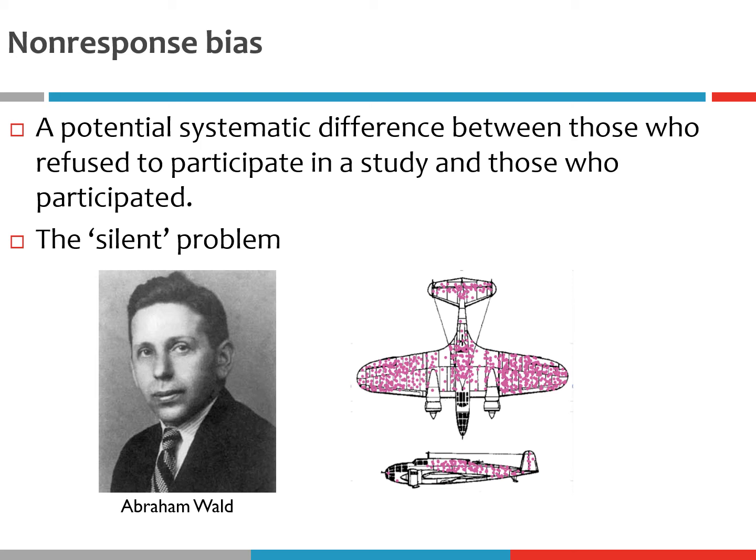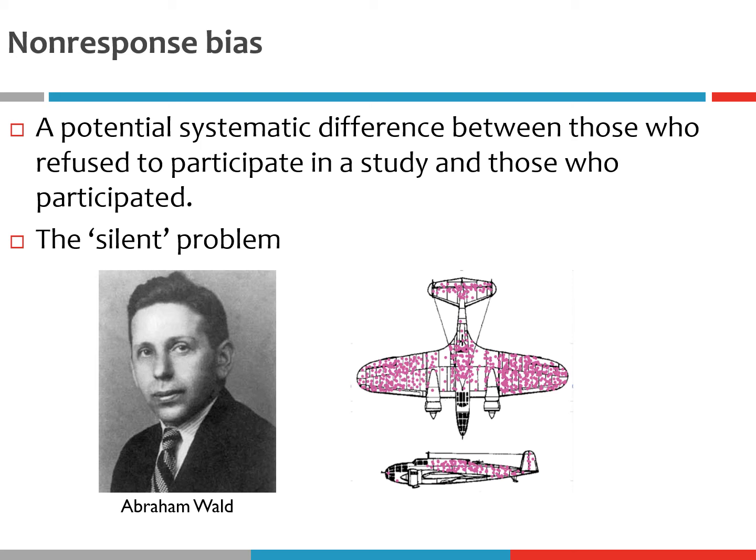So therefore, the places that would cause damage but not enough for the plane to go down were those that didn't need reinforcement, okay? But the most reinforcement should be put in places where that plane did not receive damage, because those were the most important areas for the survivability of the plane, right? Does that make sense, right?